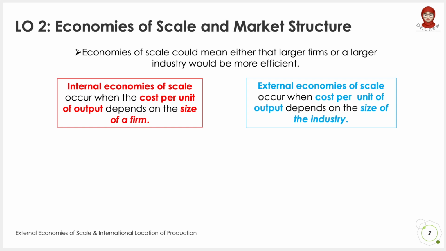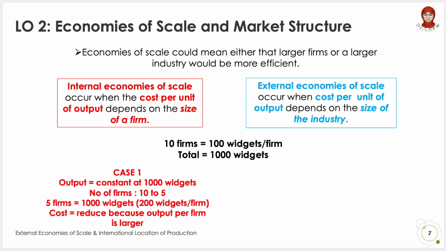The distinction between internal and external economies can be illustrated with a hypothetical example. Imagine an industry that initially consists of 10 firms, each producing 100 widgets, for a total industry production of 1,000 widgets. Now consider two cases.